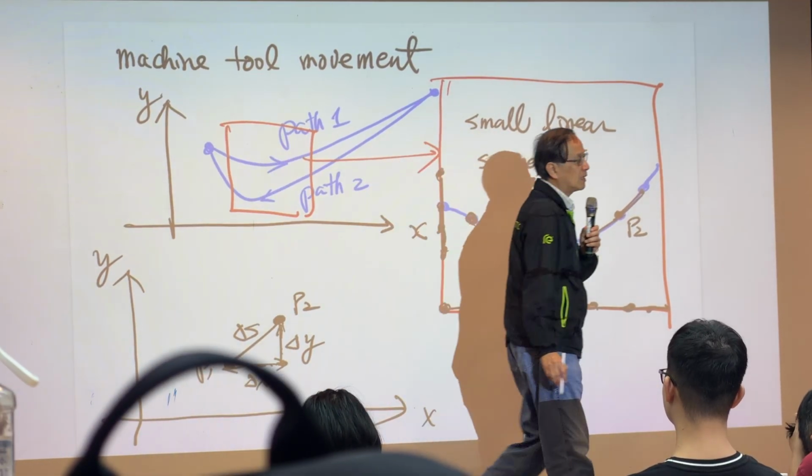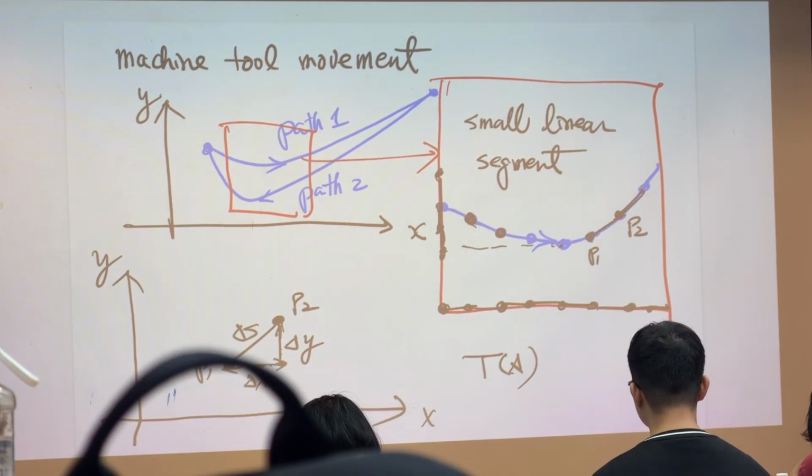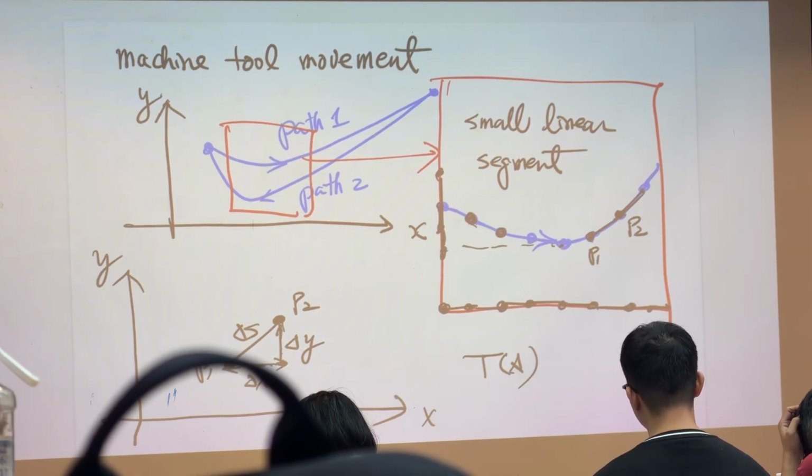So this is the principle of applying this to our XY machine table movement. Actually, it's quite simple if you understand it clearly. 你如果了解的话，其实很简单的，非常简单。It's actually all step function.